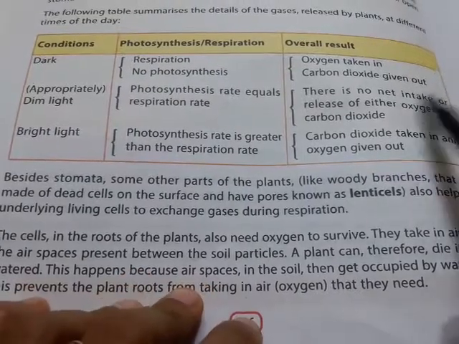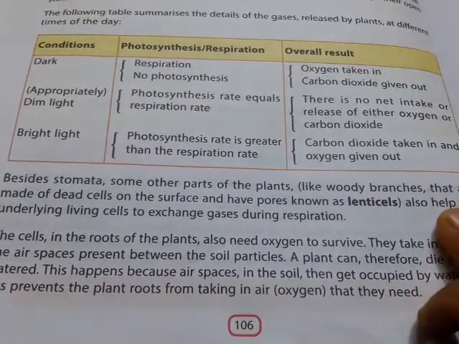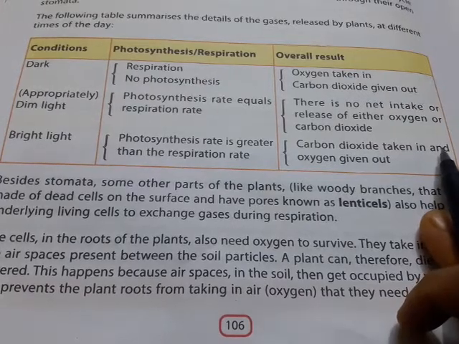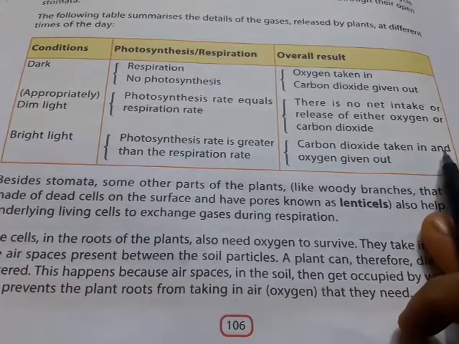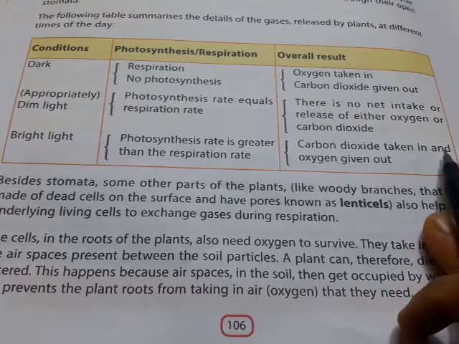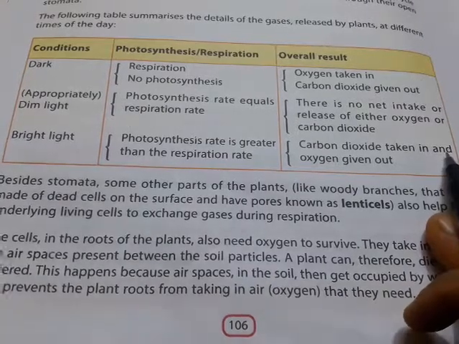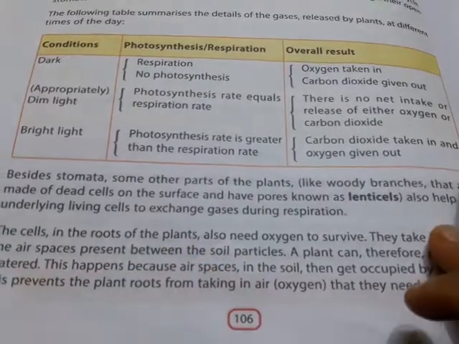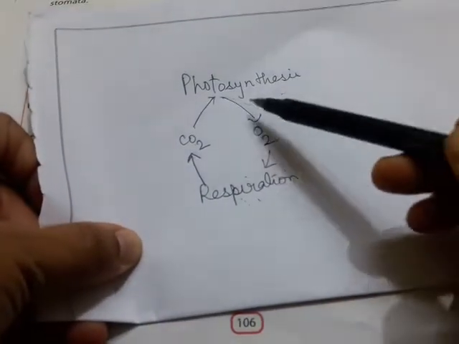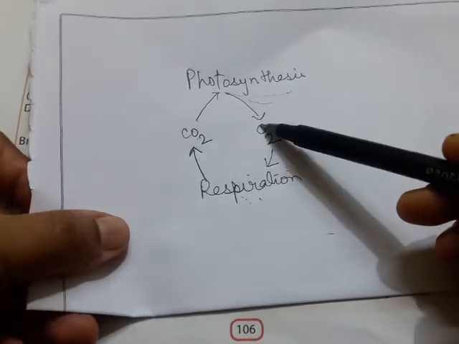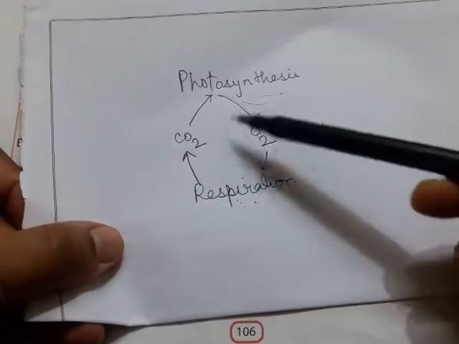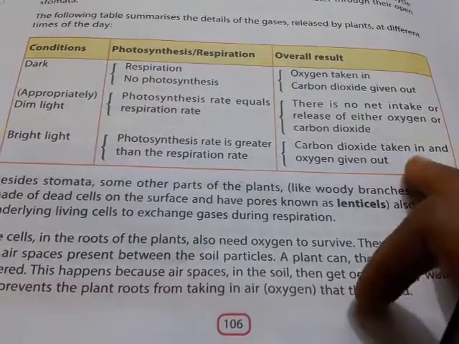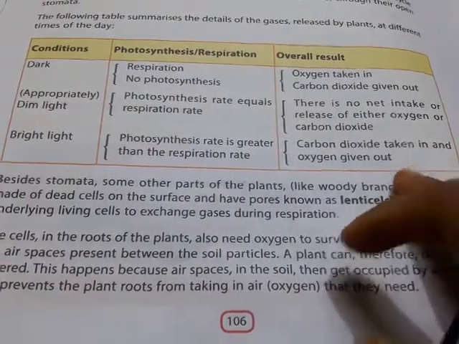So there is no net intake: whatever carbon dioxide is utilized by photosynthesis is released by respiration, and whatever oxygen is released during photosynthesis is utilized by respiration. So there will be no net intake or release of oxygen and carbon dioxide.